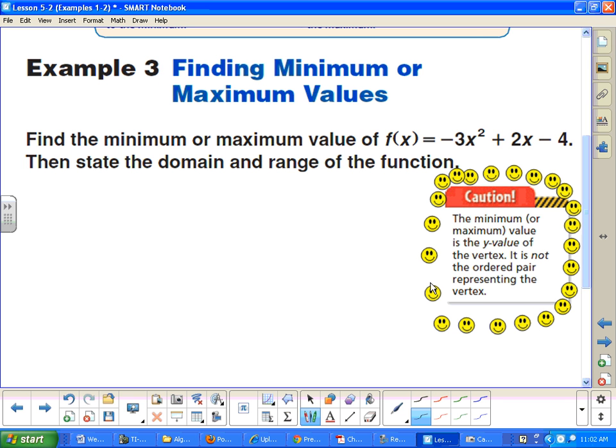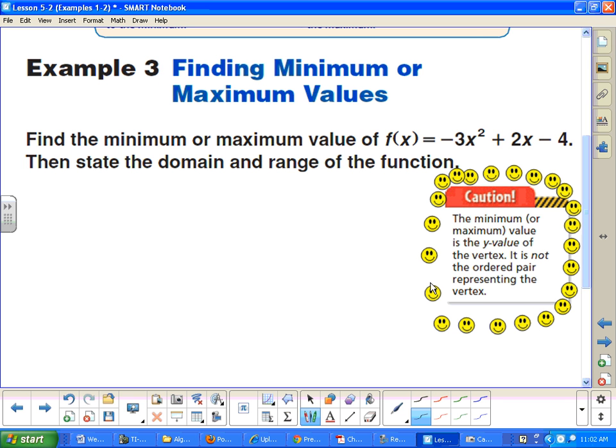So when you're stating the min or the max, you are just telling me what the y value is. You're not putting x and y, you're just putting y. So all you care about is the value of k, right? We're talking about the vertex, so we're talking about the value of k.